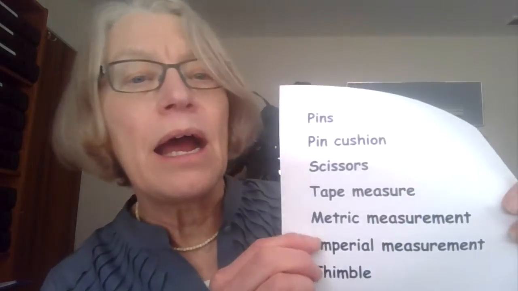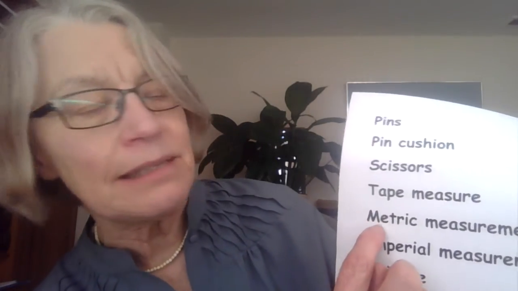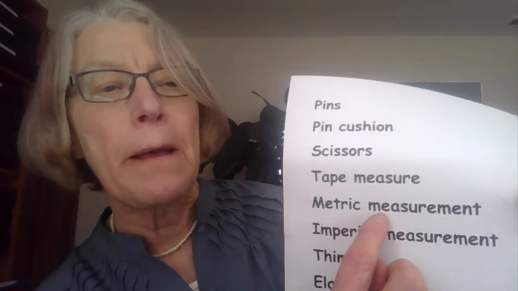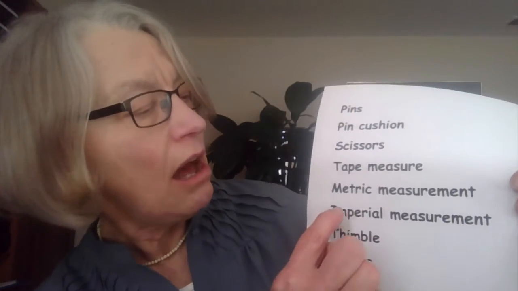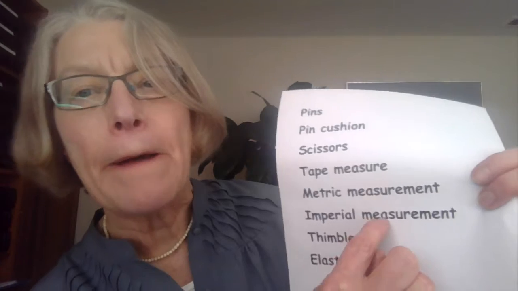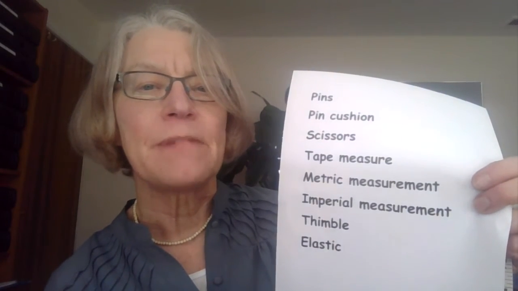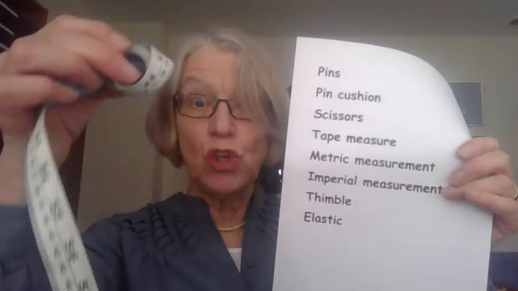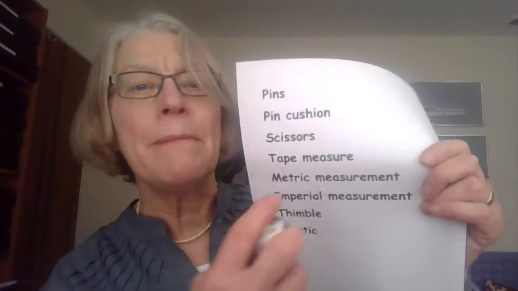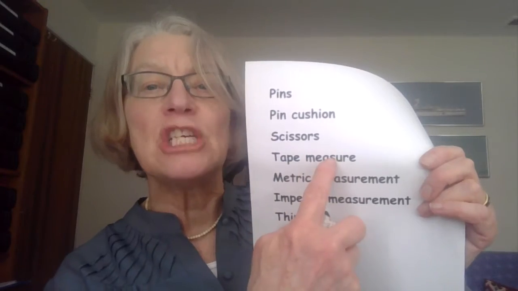And we would say that centimetres is metric measurement and inches are imperial measurement. And the word for this, or two words actually, but it's one name, is tape measure. It's made of tape and it measures. So it's a tape measure.